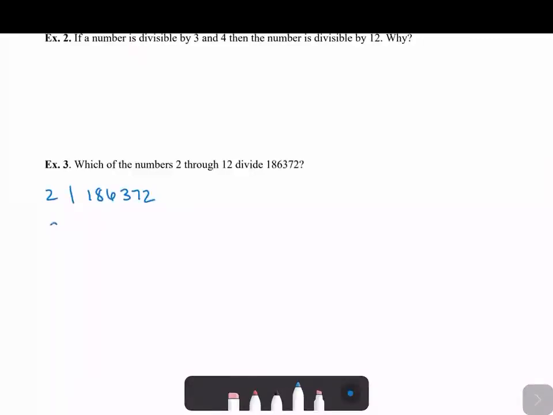So let's see if 3 divides 186,372. Well, we just add up the digits, 1, 8, 6, 3, 7, 2, and we can add these up in any way we want, because we have the commutative property of addition. So I'm going to add the 8 and the 2, which is 10.